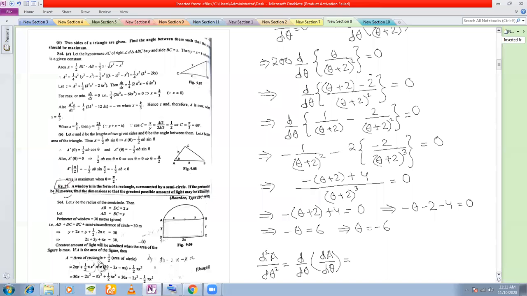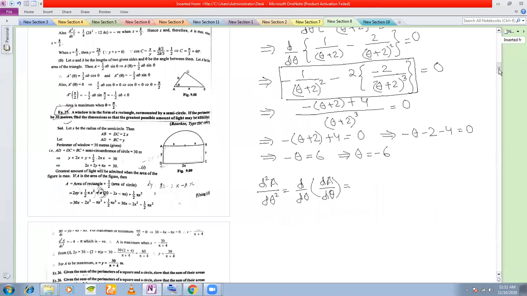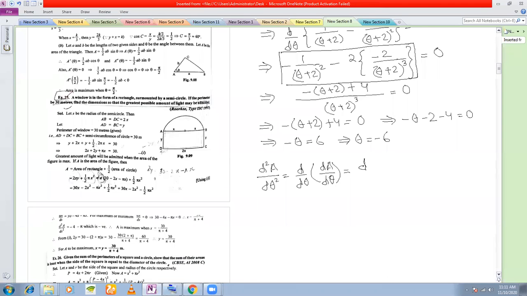Okay, this one is your dA by d theta. So d by d theta of minus 1 by theta plus 2 whole square plus 4 by theta plus 2 whole cube.